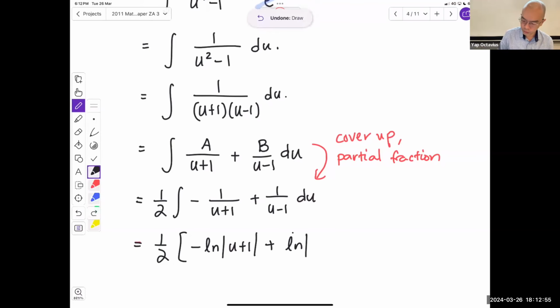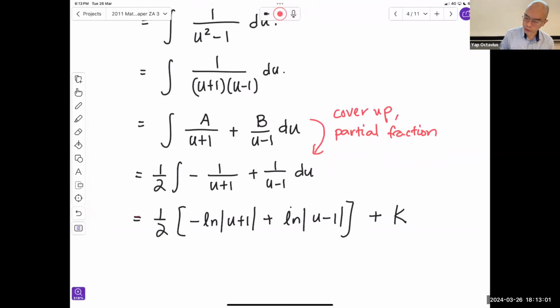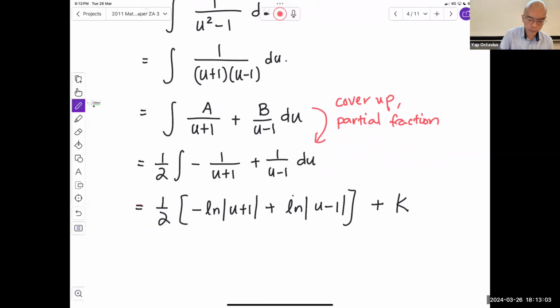Okay, I use K because C is used already, so I just put K. So let's return the substitution. Now if you want to simplify, you expand, that is okay. If not, just leave it like that, also fine.